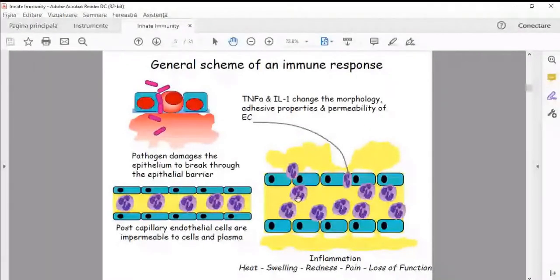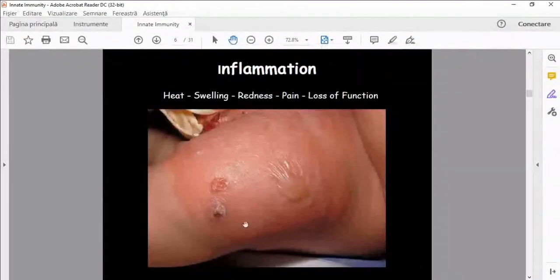As a result, we will have an inflammation, which is characterized by redness, pain, and loss of function, as you well know.